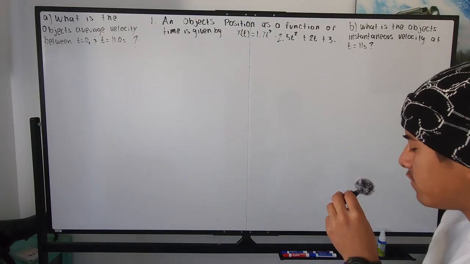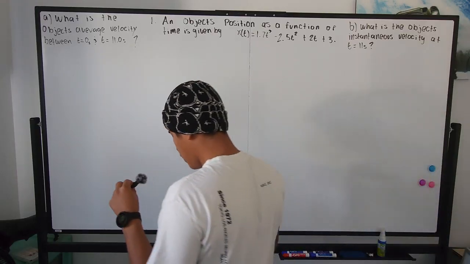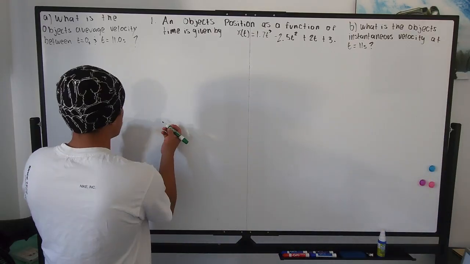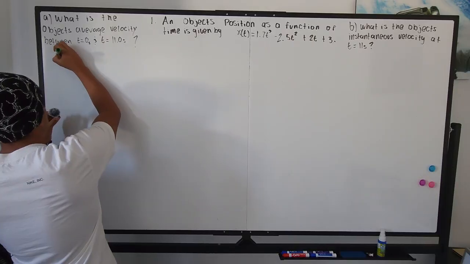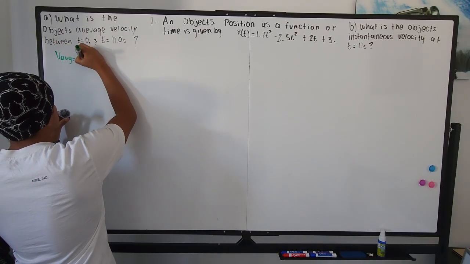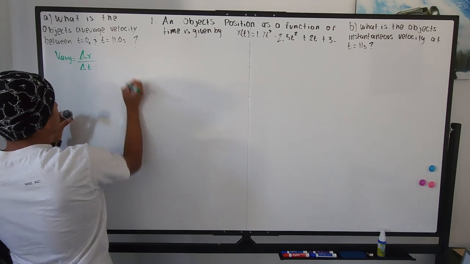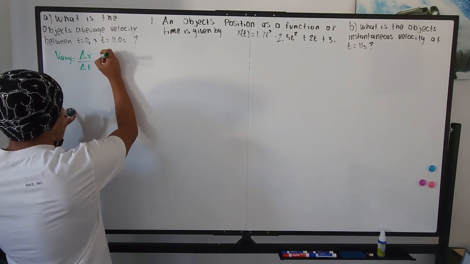To get the average velocity of this object, we're going to use this equation: the average velocity is equal to the change in position over the change in time. We're going to expand this.